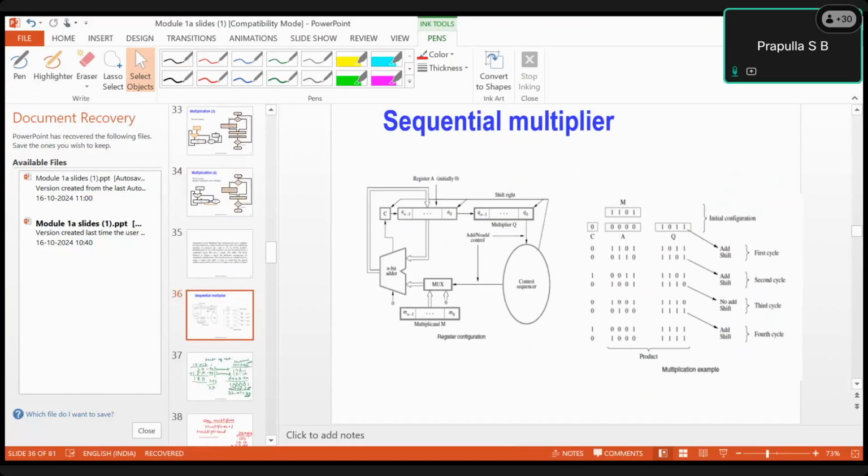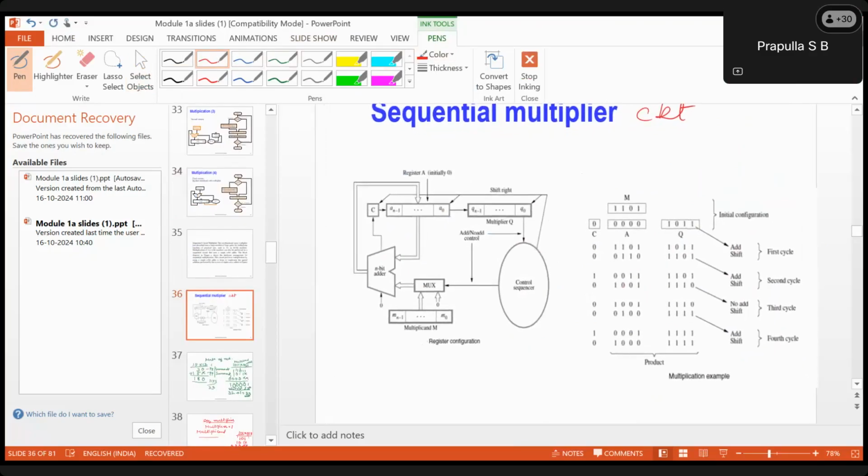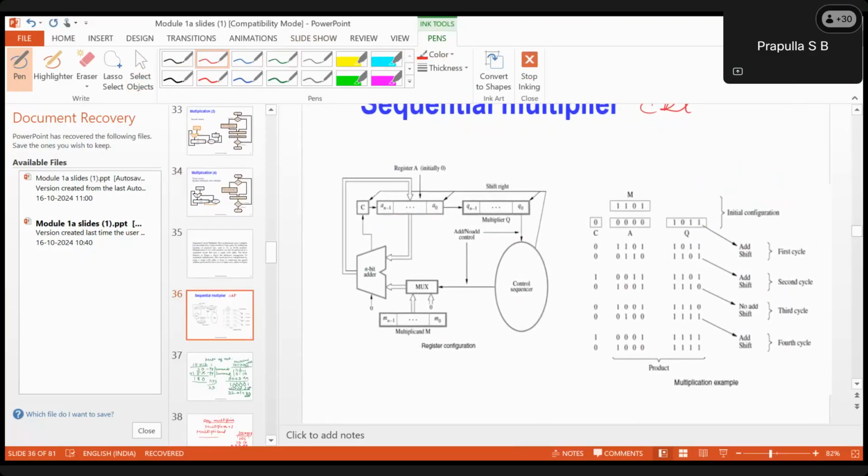This is your sequential multiplier, what you can see. In your sequential multiplier circuit, they follow the same logic. The logic here is they have a control sequencer, which checks, where Q is taken as your multiplier.